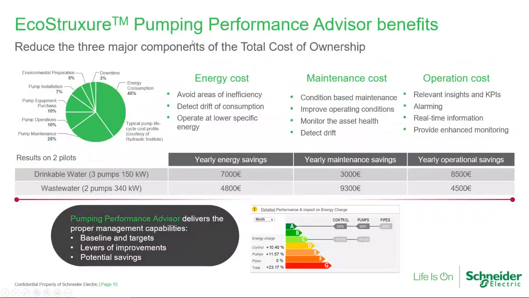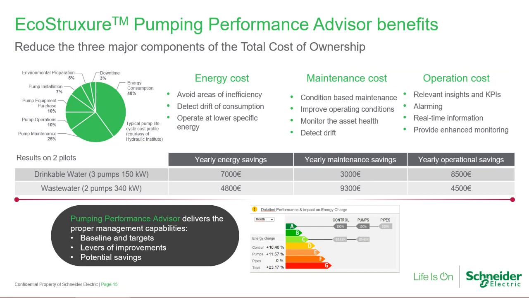So what we end up with here is a view of the information that you'll be getting back from the pumping performance advisor, reducing the three major components of the total cost of ownership: the energy costs, the maintenance costs and the operating costs. It gives full visibility of how your system is working, where its percentage energy consumption is, where its downtime is. So knowledge is key here.